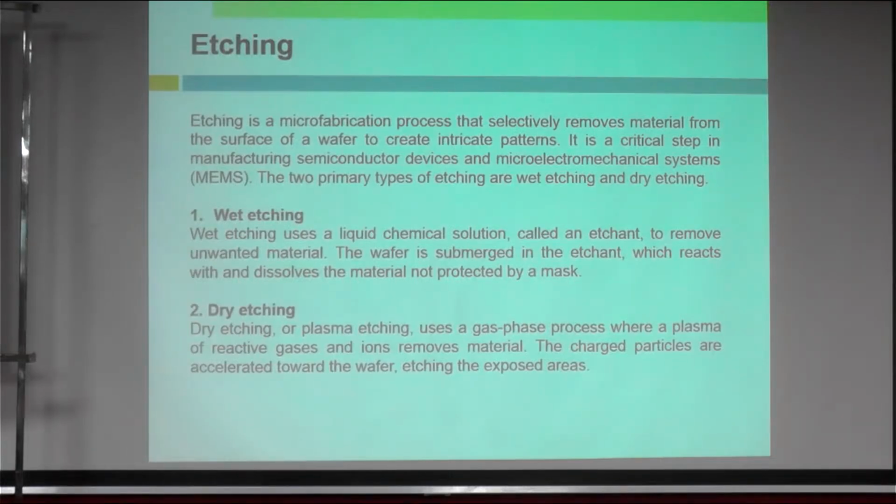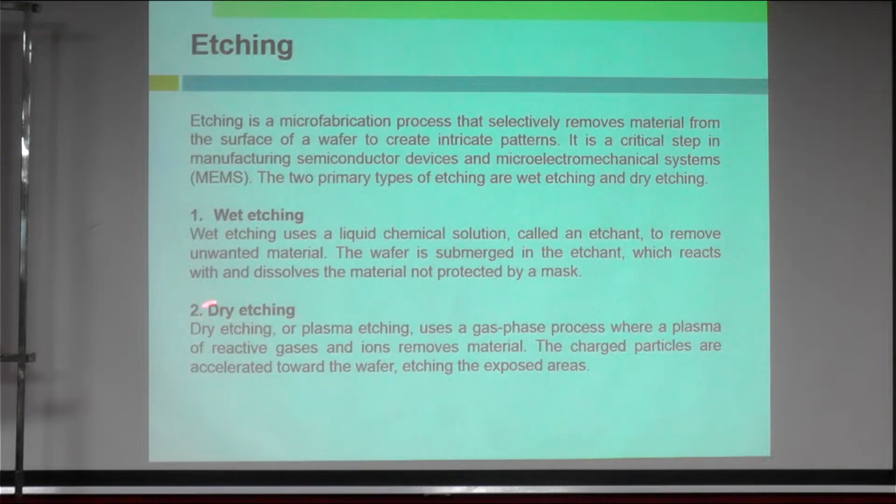So that is where you have selectivity: the mask won't be removed or dissolved by the etchant, so the etchant only removes the required part. For example, if you want to remove certain silicon material or silicon dioxide, or sometimes polymer materials, with some protective mask.